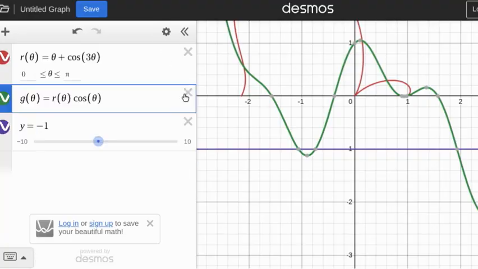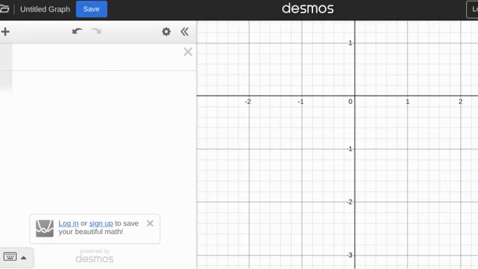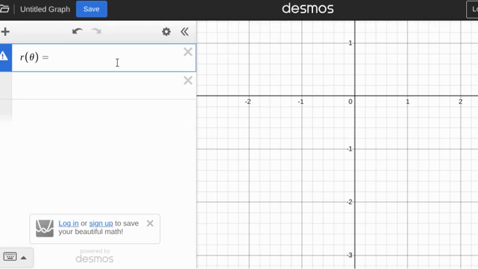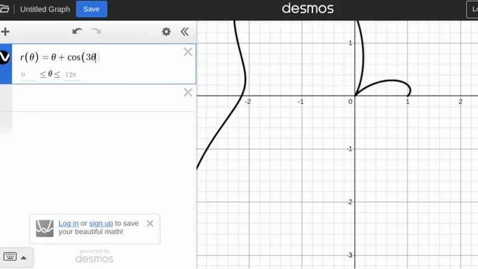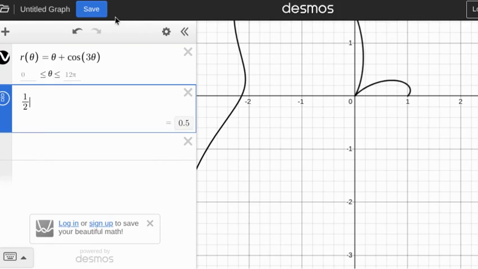Oh, spoilers. But yeah, r of theta equals, what was it? Theta plus cosine 3 theta. I'm just typing it out for simplicity's sake.